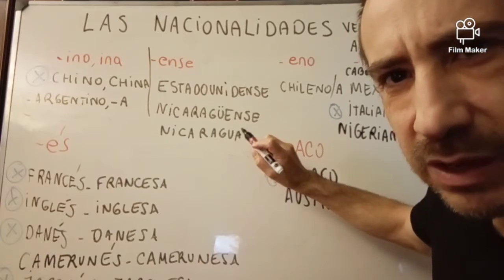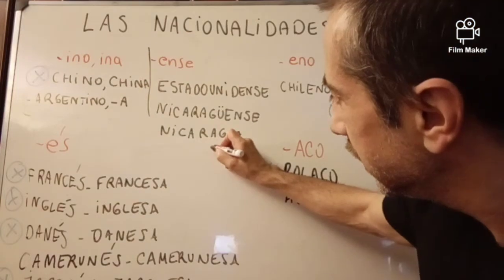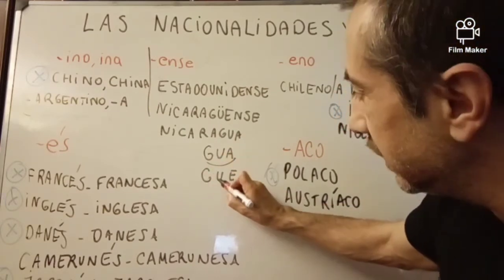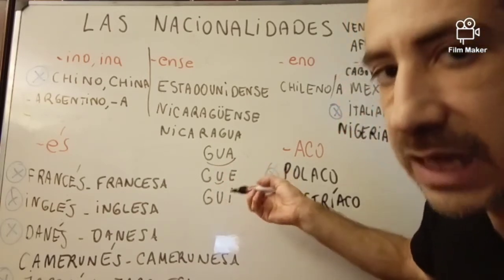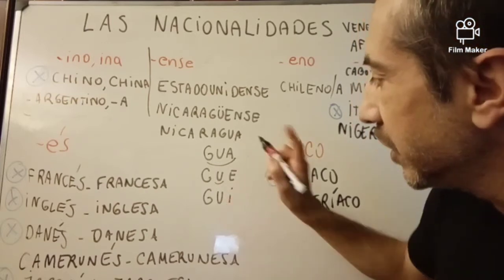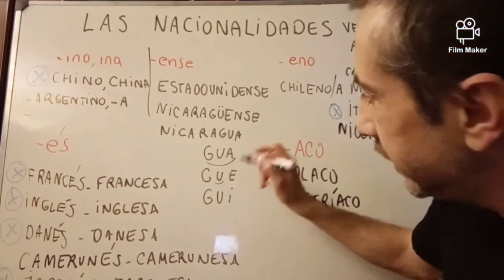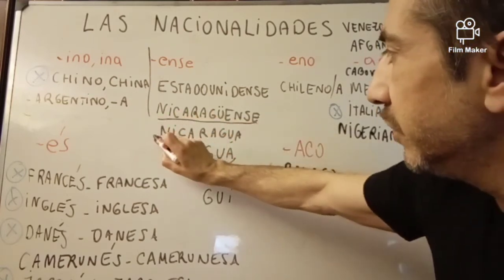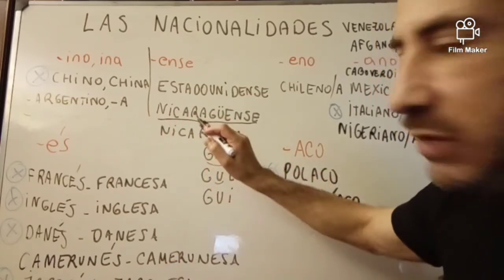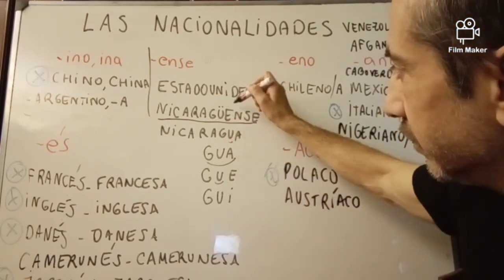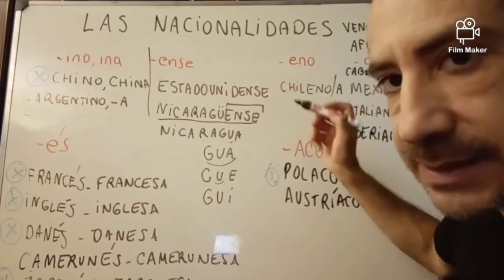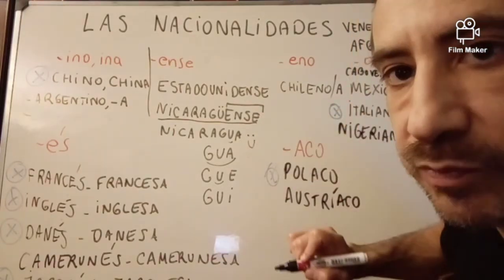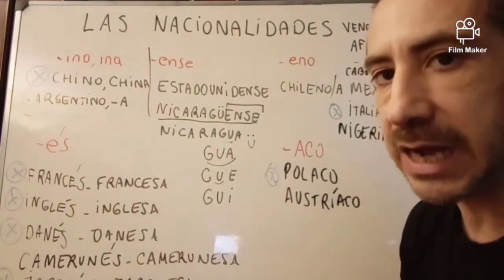And something I didn't tell you about the letter U in Spanish. You know that this sounds gua, and that if you write this, it sounds ge. Here we don't pronounce the U. And with guitarra, guitar, we don't pronounce the U. But maybe I told you, I don't remember sincerely. If we want to keep the U sound, because this word comes from Nicaragua, and at the same time add the ense, we have to put these two dots over the letter U. In this case, it sounds U, Nicaragüense.